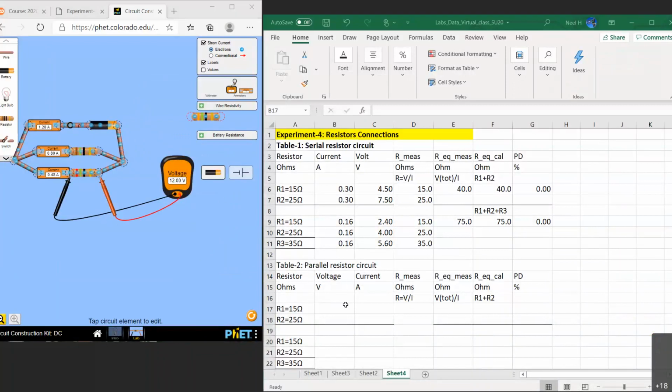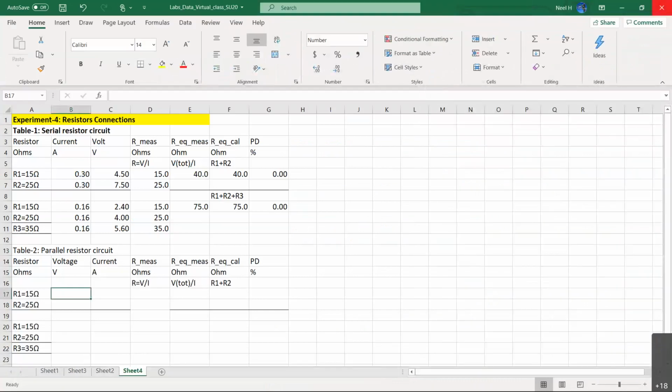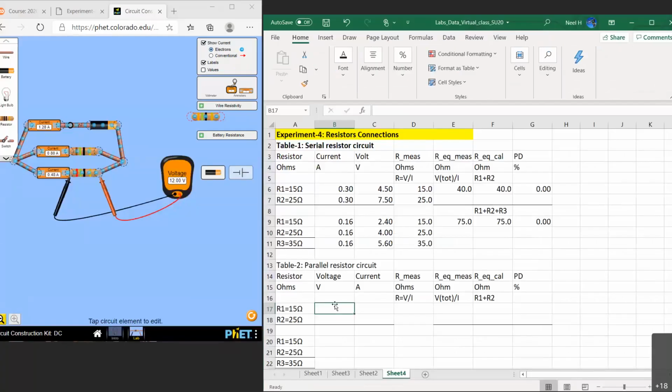Okay, then let's write down the numbers now. Voltage across each resistor, now we know is 12, right? There's no difference there. And the current passing through each resistor is now different. Resistor number 1, I have 0.8 amps. Resistor number 2, we have 0.48 amps.